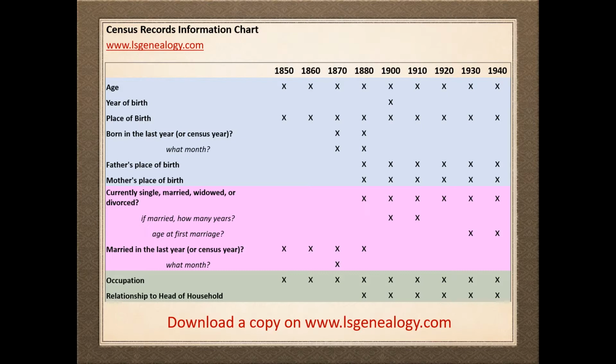For example, if someone was listed as 10 years old in 1900, we don't know if they had just turned 10 or if they were about to turn 11. And so for this reason, we would have to put circa 1890. If their year of birth was actually listed as 1890 in the 1900 census record, then we could put that without the circa or the C in front of it.